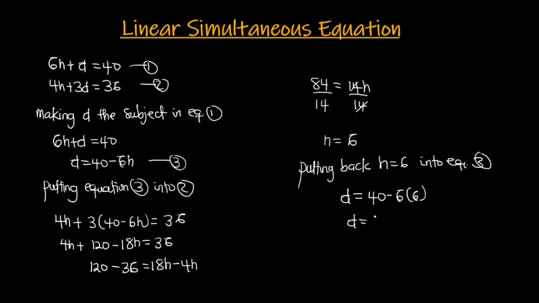So 6 times 6 will give me 36, and therefore my d is 40 minus 36, and that will give me the answer 4. So my h is equal to 6, my d is equal to 4.